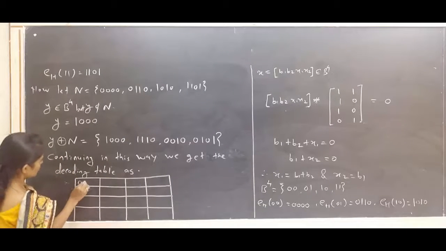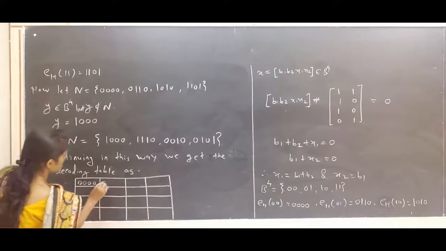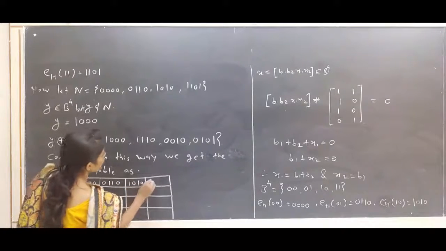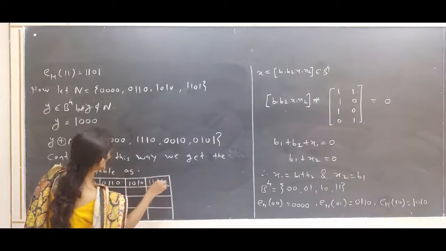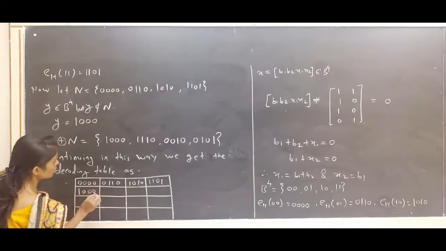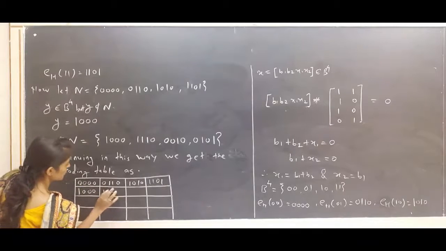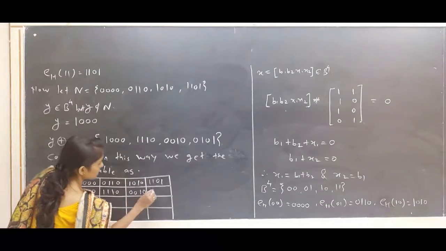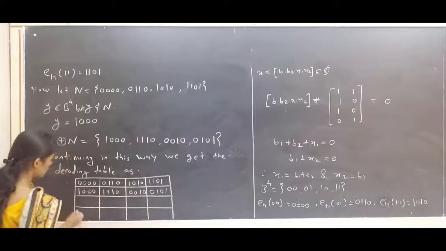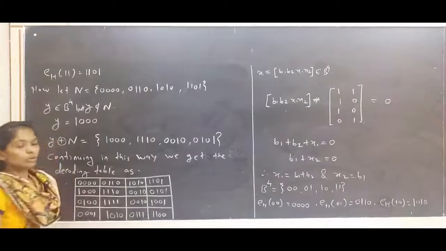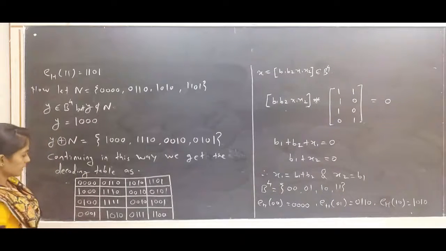First 0 0 0 0, then 0 1 1 0, 1 0 1 0, 1 1 0 1, then next one 1 0 0 0, 1 1 1 0, 0 0 1 0, then 0 1 0 1. Here we get 0 1 0 0. So this is the decoding table.